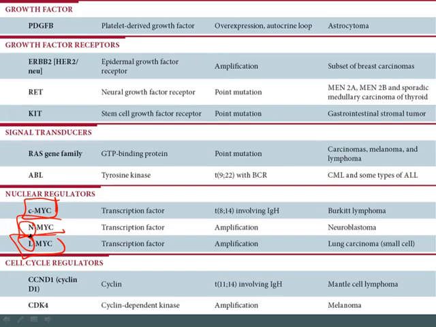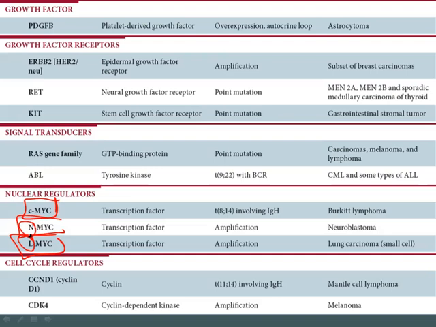So each of these are transcription factors. MYC is a transcription factor, and upregulation or overexpression of the MYC gene will result in overproduction of growth promoting proteins, and that will result in overgrowth, increasing the risk for development of a particular type of cancer.